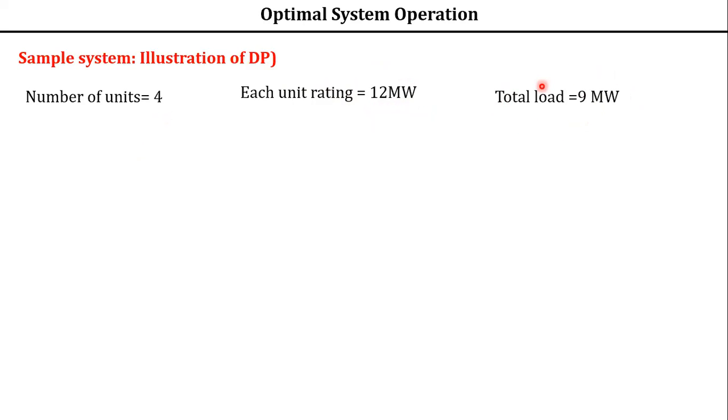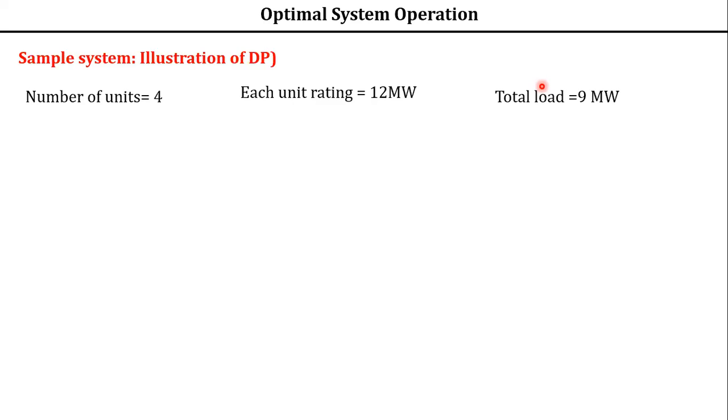This is your PD. Understood? 4 units are there. Each unit can generate 12 megawatt and the total load is 9 megawatt. Now out of 4 units, which unit are you going to operate so that the operating cost will be minimum?